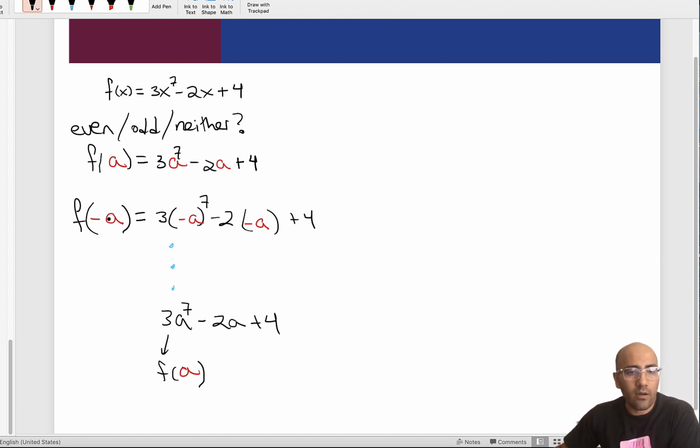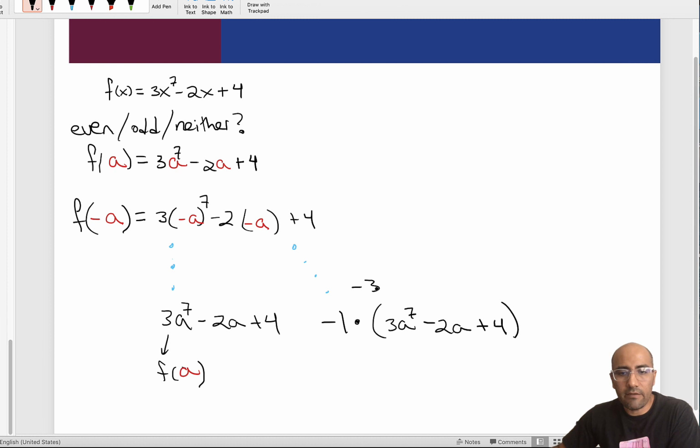Here would be a case where you plug in negative a, and the whole thing simplified to give you a. Or maybe the other case is that after a bunch of algebra, you simplify all of that, and it ends up being equal to -1 times 3a to the 7th power minus 2a plus 4. Meaning it's all the opposite signs here, right?